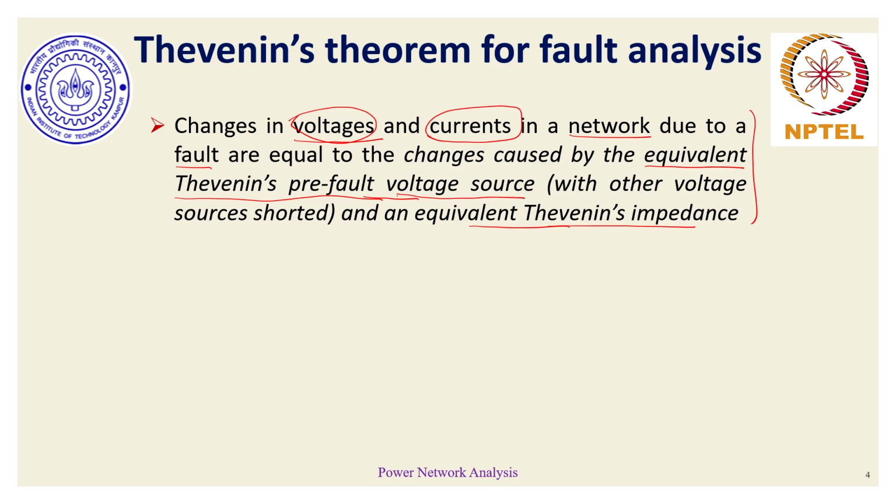We don't have to consider the entire 1000 bus network to find these changes in currents or voltages in the event of a fault. That is the summary of Thevenin's theorem application.